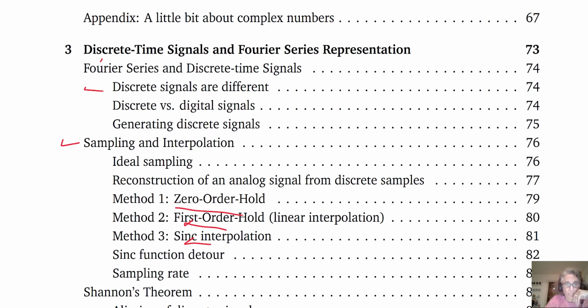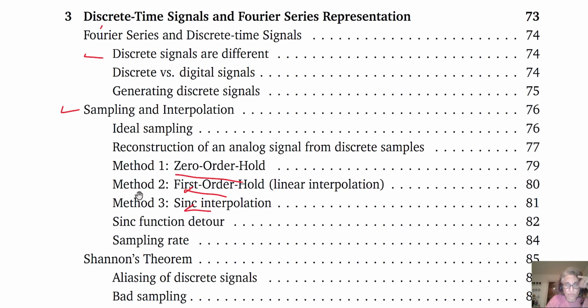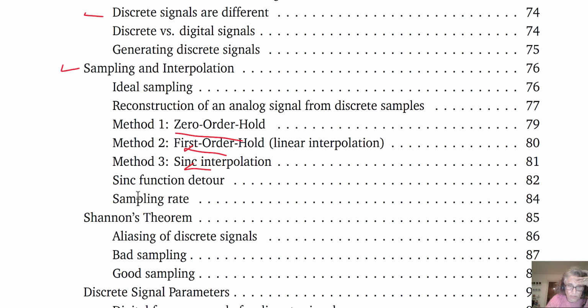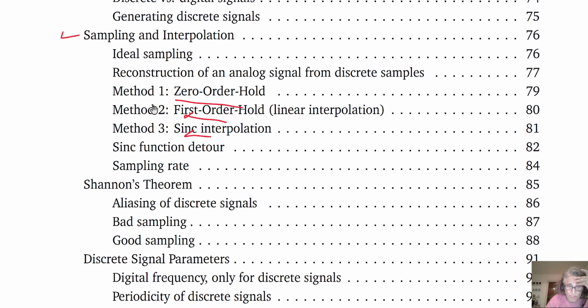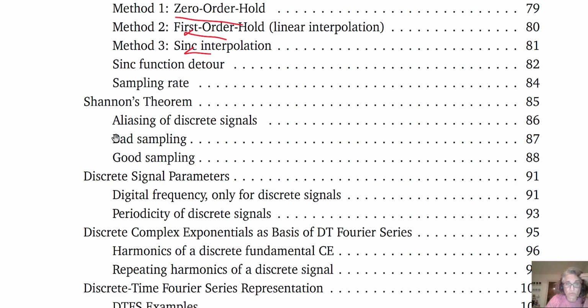We're then going to look at Shannon's theorem, aliasing of discrete signals, and then we're going to look at what the parameters of a digital signal are, which is its digital frequency and the particular case of what makes a discrete signal periodic.